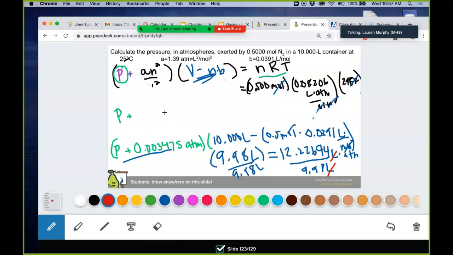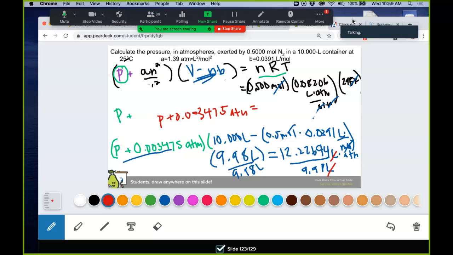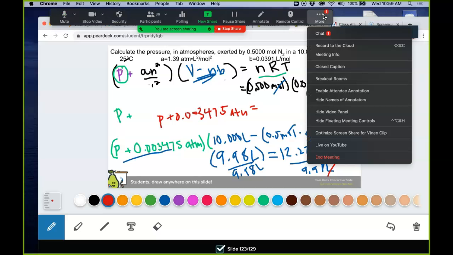So now we have P plus 0.003475 atmospheres equals, what's that number, 12.2 whatever, divided by 9.98.